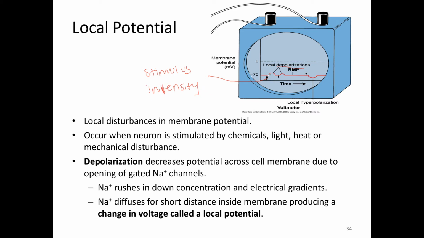So for a big stimulus, you get a taller, longer depolarization. For a little stimulus, you get a shorter, smaller depolarization. You can also have a stimulus that hyperpolarizes. So this is still a local potential, but it's in the opposite direction, so local hyperpolarization, meaning this neuron is being pushed away from threshold and it's less likely to fire.